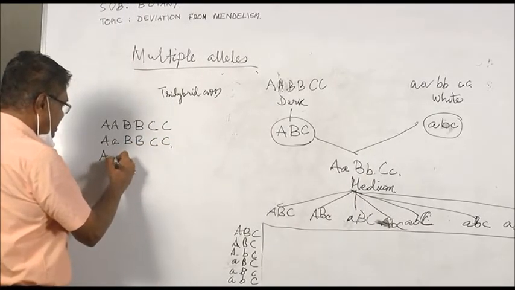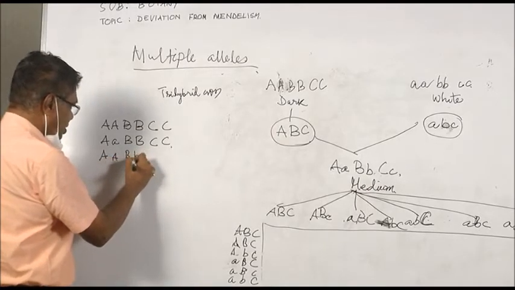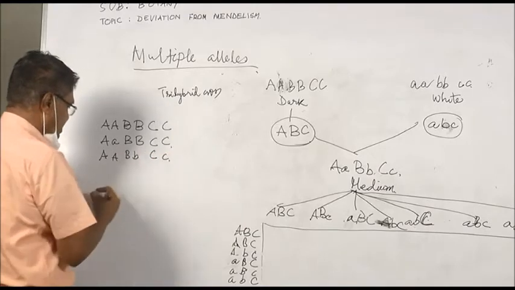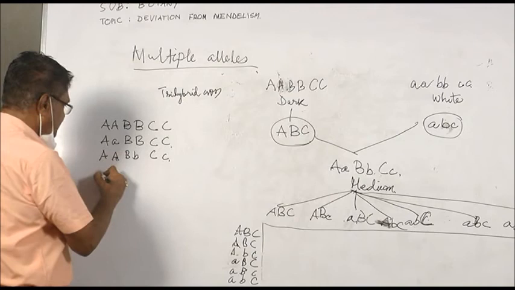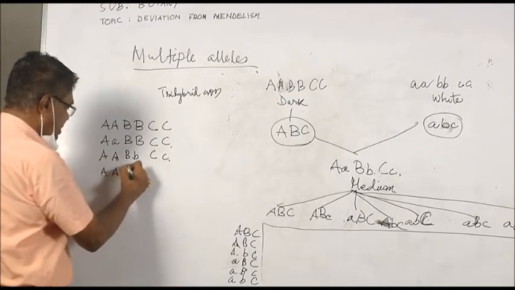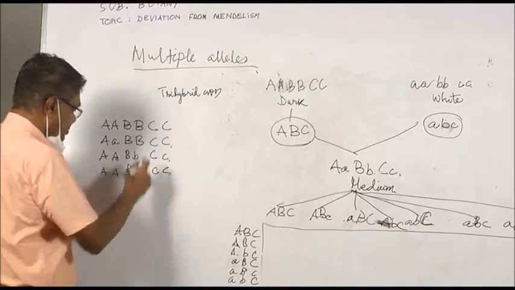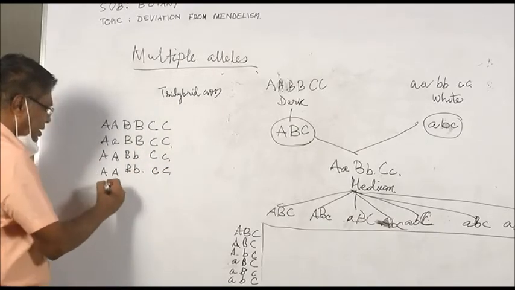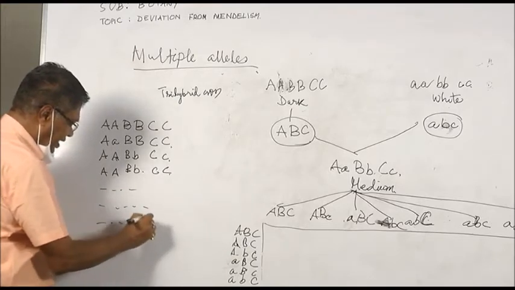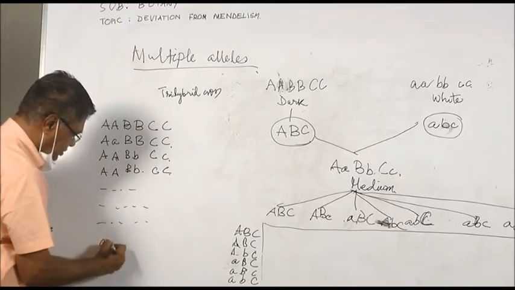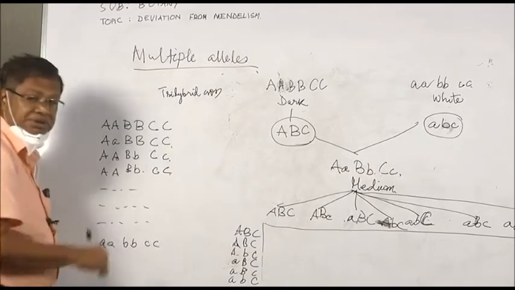Capital A, capital B, capital C, small c. Then capital A, capital B, small c, small c, and so on. Now, there are many combinations, and the final one is small a, small b, small c, small c.